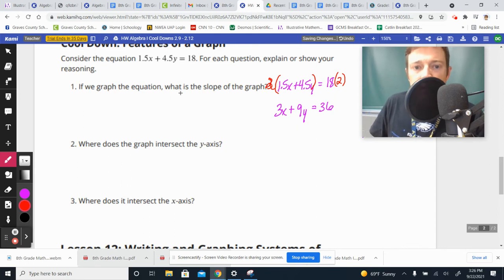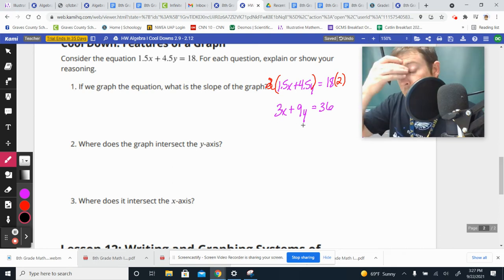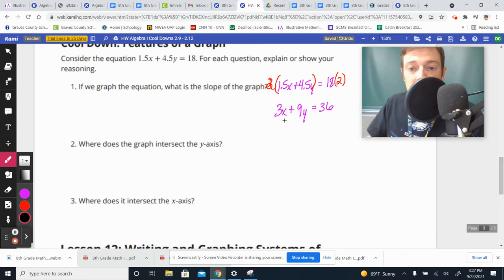So the first thing is to find the slope. Well, to get the slope and the y-intercept, a good thing to do would be to get it where y is by itself. So I'm going to start there. I've got 3x plus 9y equals 36, and I want to get this 3x to go away. I don't want to divide anything yet. But I want to get this 3x on the other side of the equation so my y is left alone on the left side.